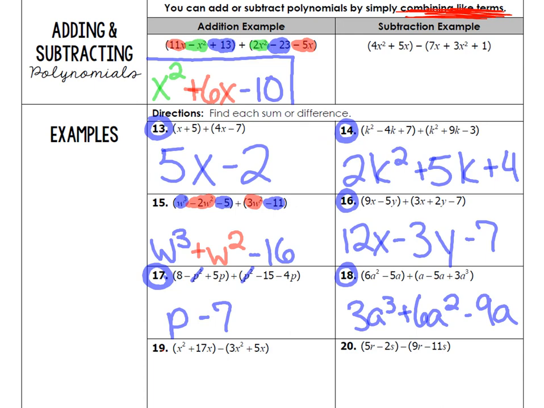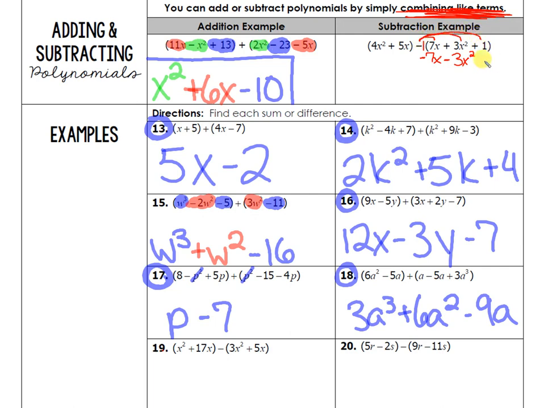The only difference about subtraction is I like to put in an extra step because it helps a little bit. If I take the subtraction and I think of it as negative 1, subtracting things just changes the sign. So subtracting 7x is really like saying negative 7x. Subtracting 3x squared is really like saying negative 3x squared.